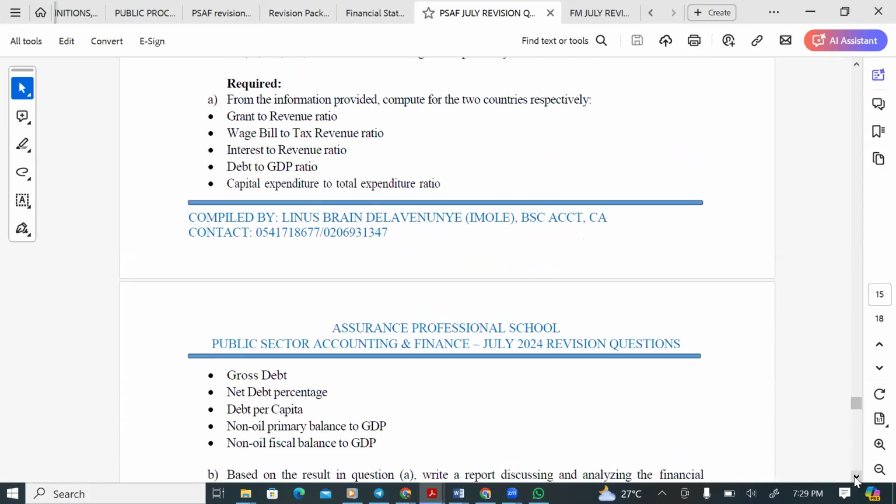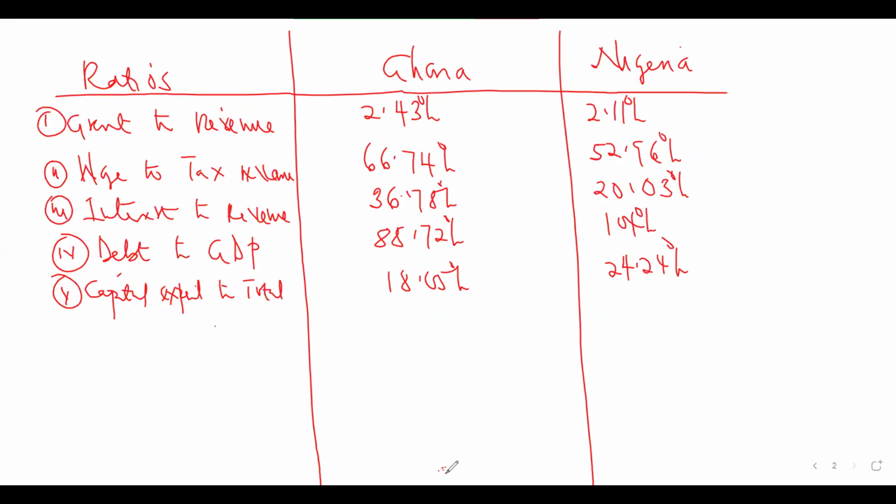Let's come to the gross debt. We have already calculated a figure for that, so maybe you can remember it. The gross debt is just the total debt. Just add all the debts. We have done that already, but just go and add them again.